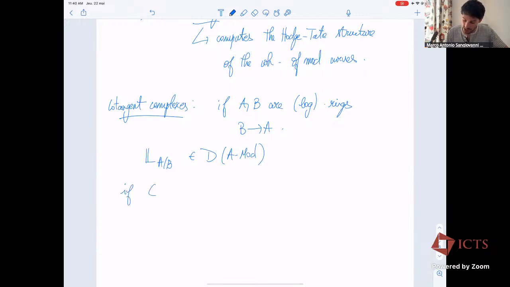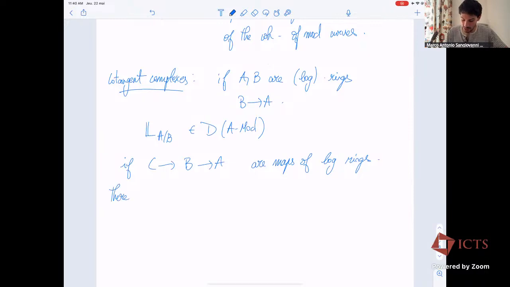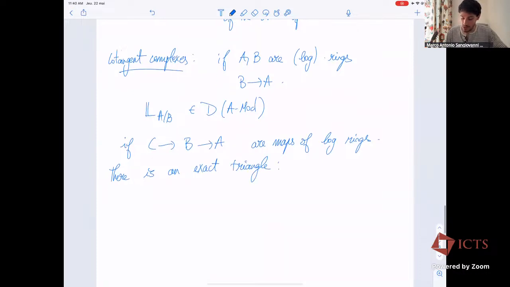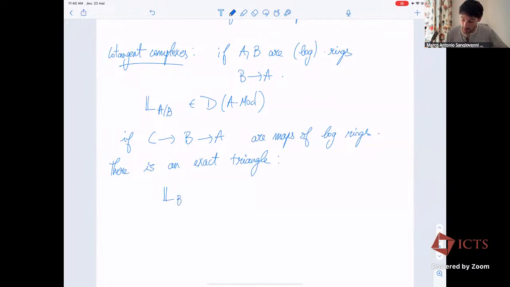The key property is that if C goes to B goes to A are maps, then there is an exact triangle: L of the cotangent complex of B over C tensored with A goes to the cotangent complex of A over C, which goes to the cotangent complex of A over B, shifted by plus 1.